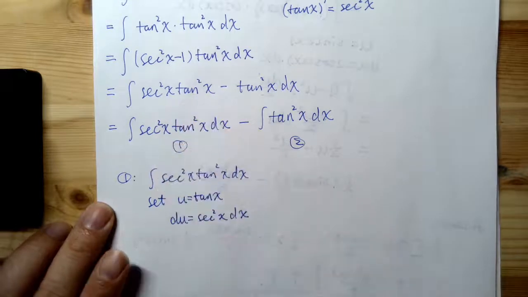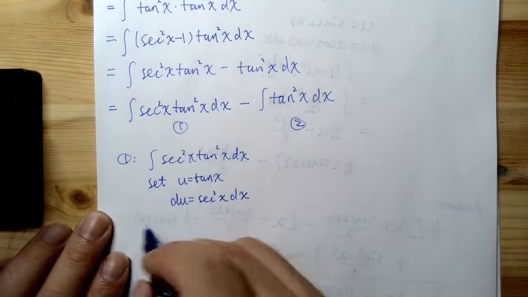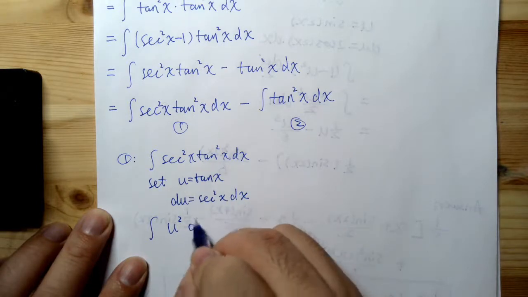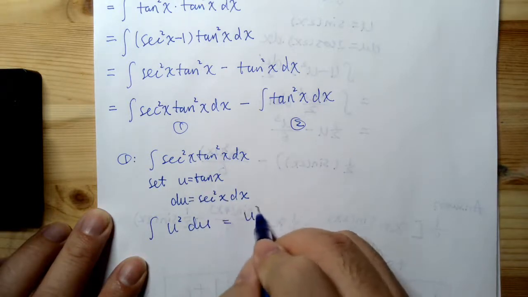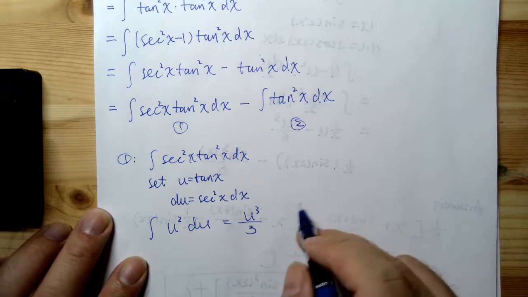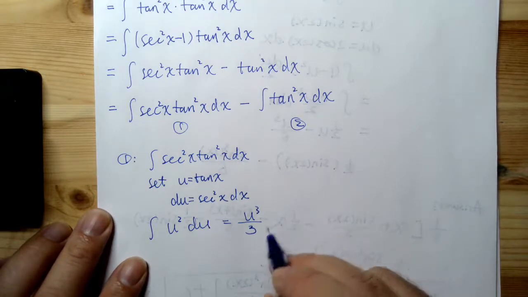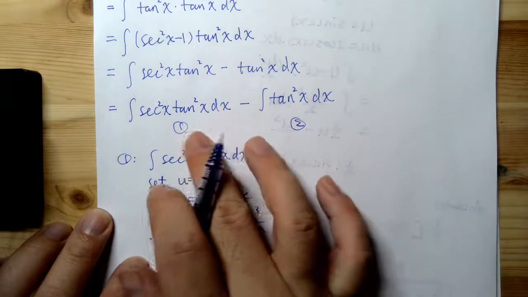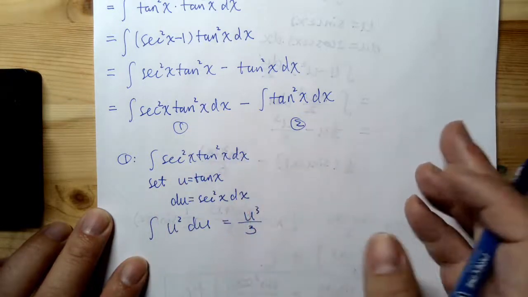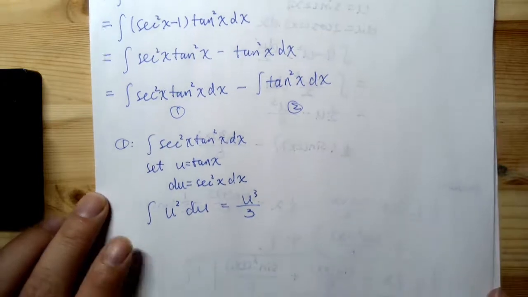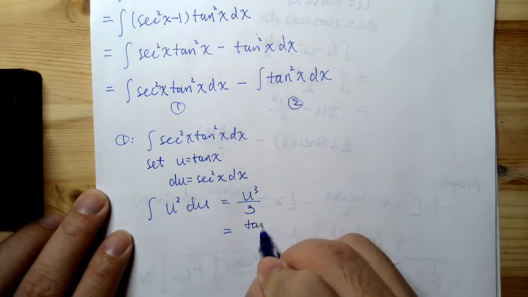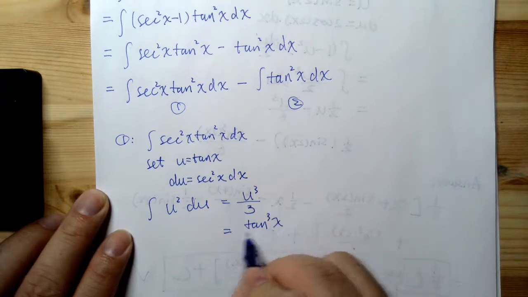So it's very easy to apply a u substitution, so that it gives us integral of u squared du. Turns out this is going to be u cubed over 3. Again, I did not write the plus c because at the very end I need to combine the results from 1 and 2, and then I'm going to add the constant c in the final step. Okay, so that gives us tan cubed x over 3.